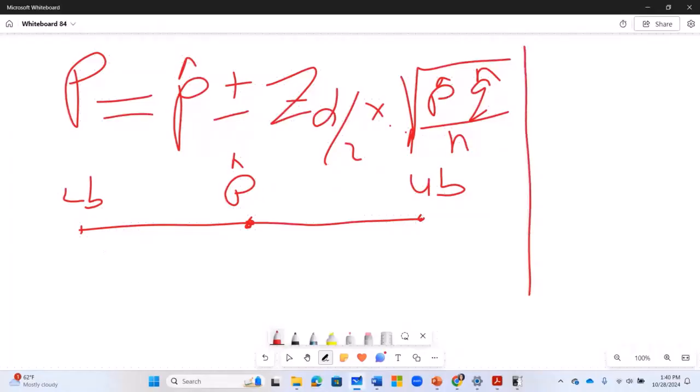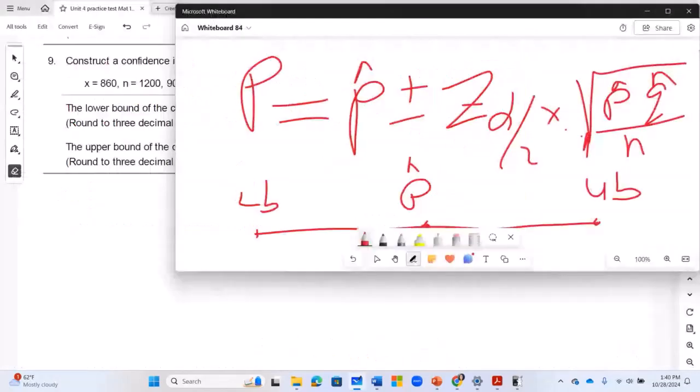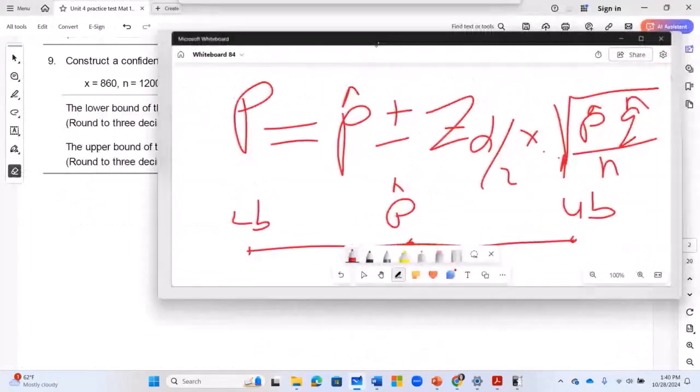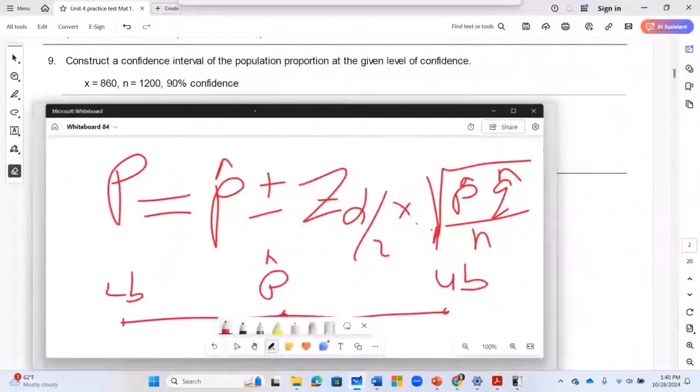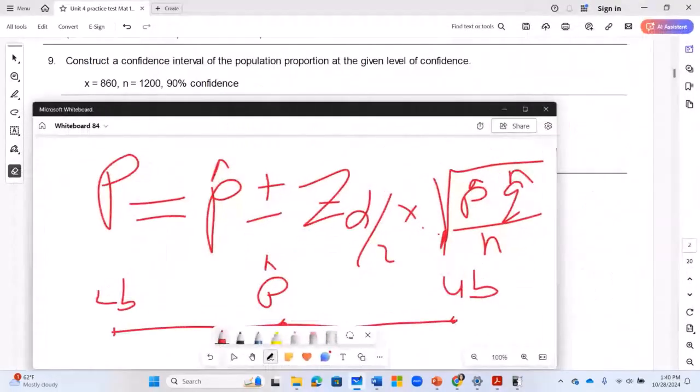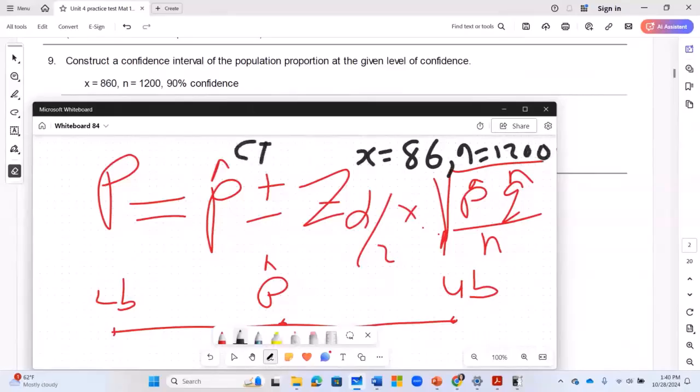In number 9, x is 860, the sample size is 1200, and the confidence level is 0.9, 90%.